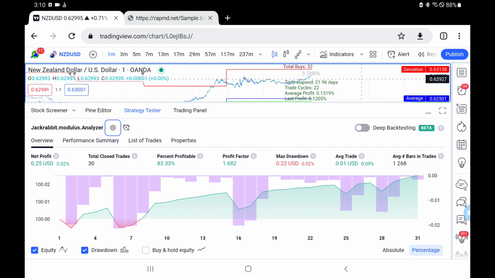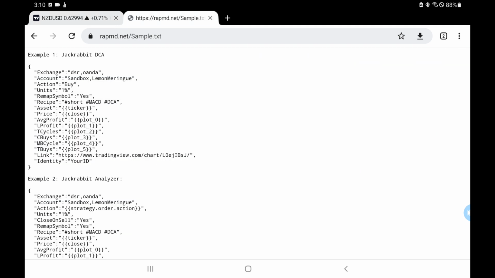Most importantly, all of this works with the demo account, and that works with Jackrabbit Relay. And that is the next step when you set your alerts up. This first example is for the DCA module, and it uses the digital signal remover and the OANDA exchange.